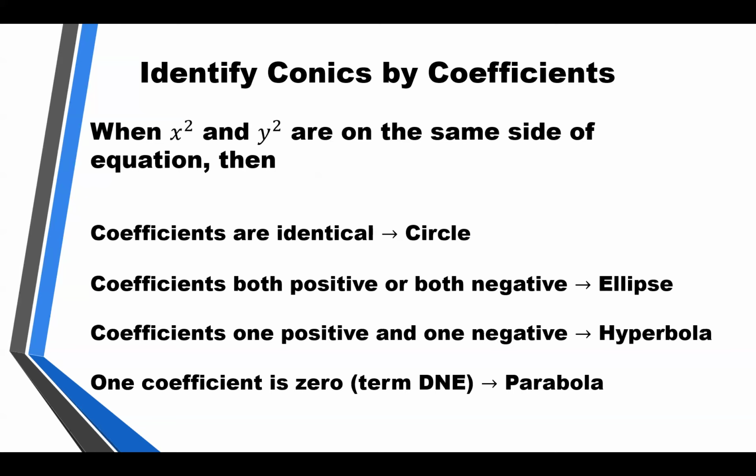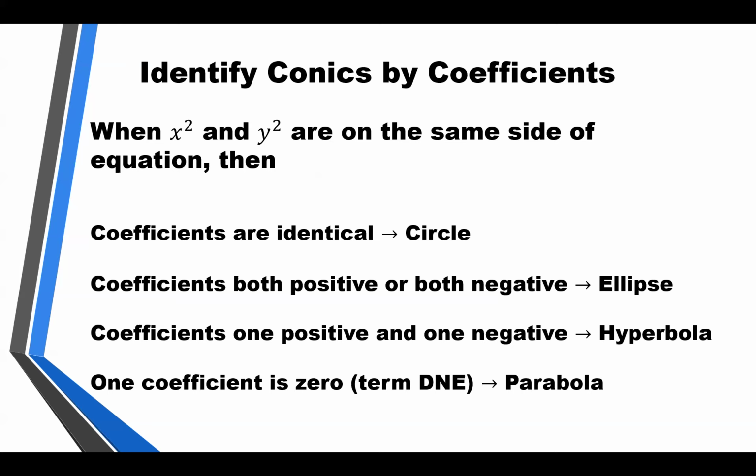If the coefficients are both positive or both negative when the x squared and y squared terms are on the same side of the equation, then we have an ellipse. If one of the coefficients is positive and one of the coefficients is negative, then we have a hyperbola. Again, this is when they're on the same side of the equation.